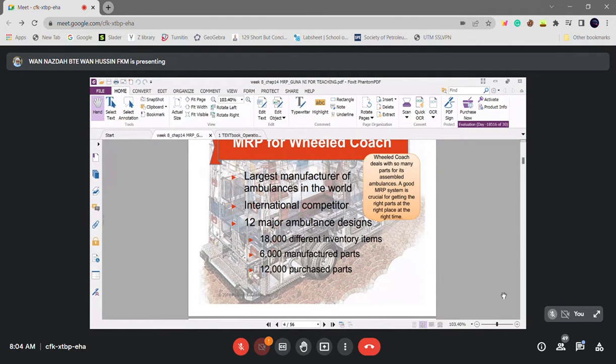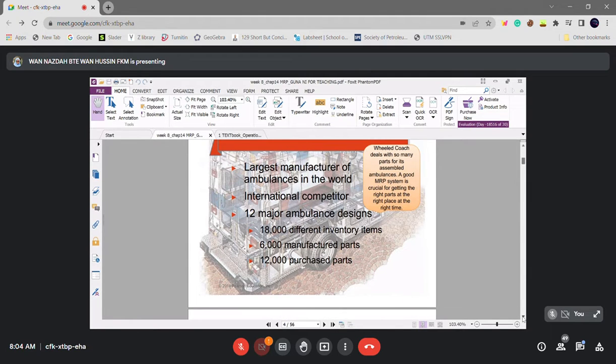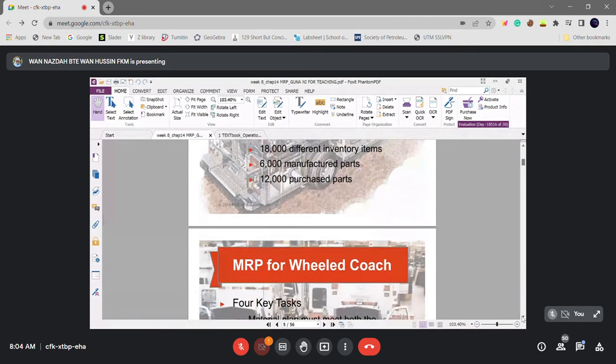Ambulance. Okay, this company is producing ambulance. So there are several types of ambulance. You will see many parts that have to be ordered before you will be able to complete the final assembly of the product.